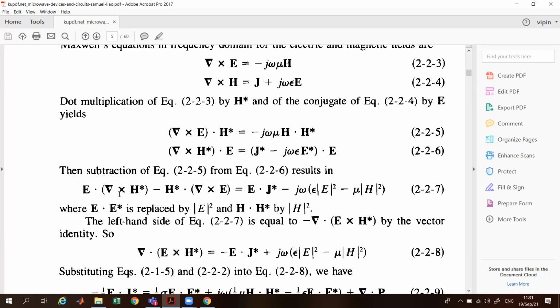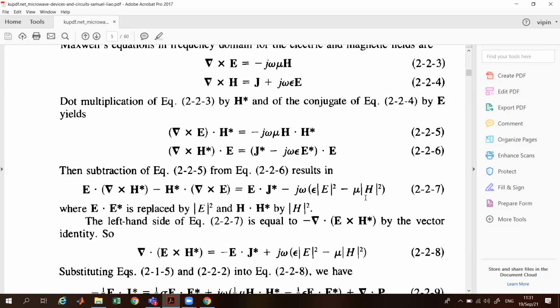So E vector dot curl of H star minus H conjugate dot curl of E vector will equal E vector dot J conjugate minus j omega epsilon. If you multiply it inside, it will be j omega epsilon E squared, and this will be minus j omega mu H squared.